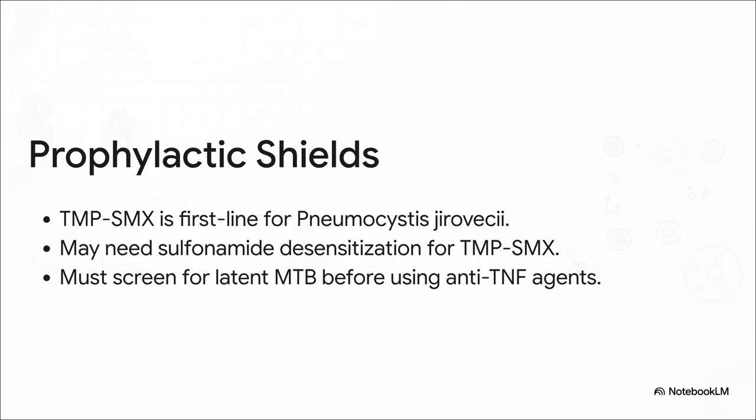This is so critical that even if a patient has an allergy, you will run a sulfonamide desensitization protocol prior to transplant just to ensure they can tolerate it. Additionally, if you're moving into anti-TNF-alpha territory, screening for latent Mycobacterium tuberculosis is heavily mandated because you're risking the breakdown of protective granulomas. You also have to map cytomegalovirus risk. If the donor is CMV positive and the recipient is negative, prolonged valganciclovir is strictly essential.